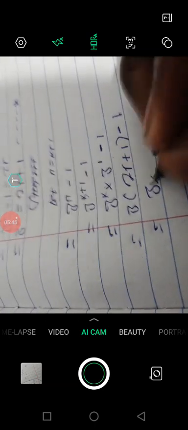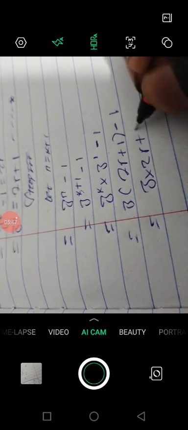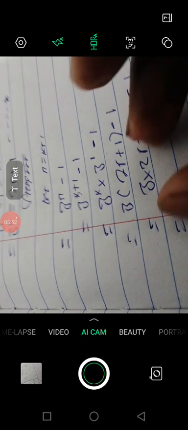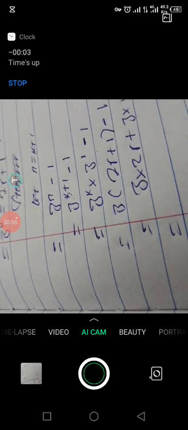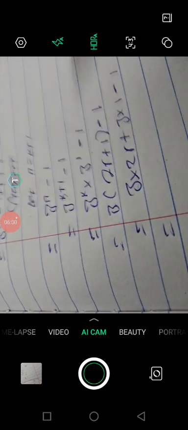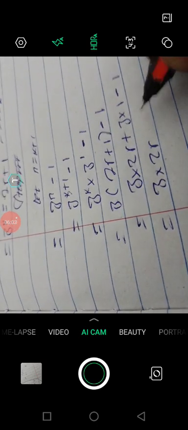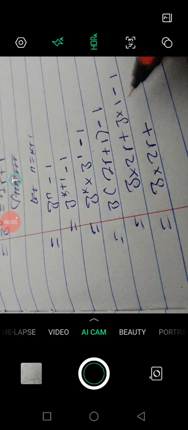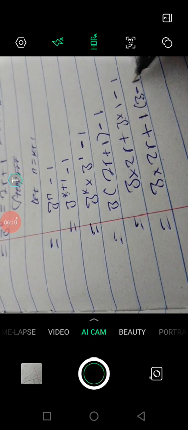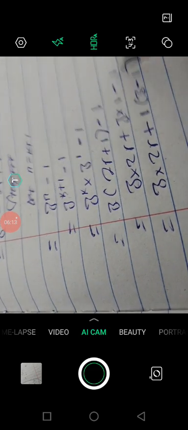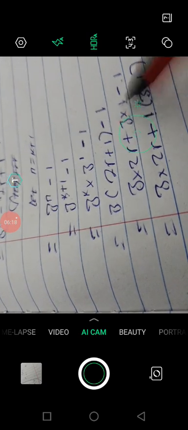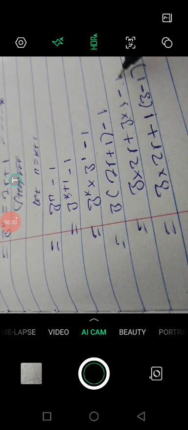We say 3 times 2r plus 3 times 1 minus 1. We allow the first part to come down, so I say 3 times 2r plus, what is common here? It's 1. Then inside I remain with 3 minus 1, then here 3 times 1, that is 3, then minus this 1.